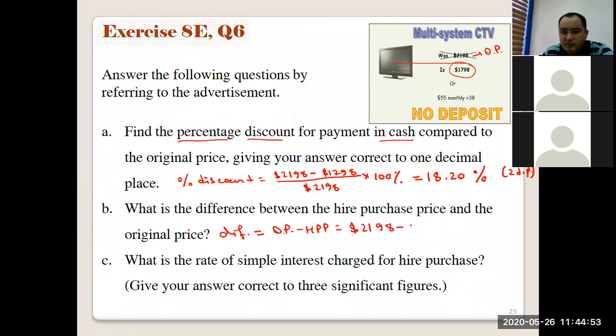Hire purchase price is 38 times $55, which is equal to 2198 minus 38 times 55, which is equal to $108. Okay. Original price was 2198 and hire purchase price is this, 38 times $55. It says no deposit. That's why we are not adding deposit. So it's equal to $108.